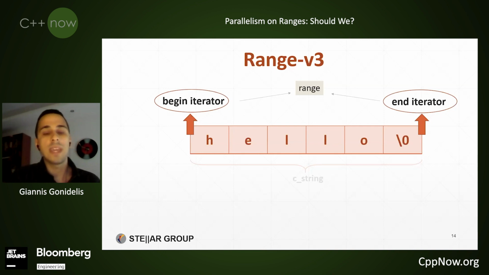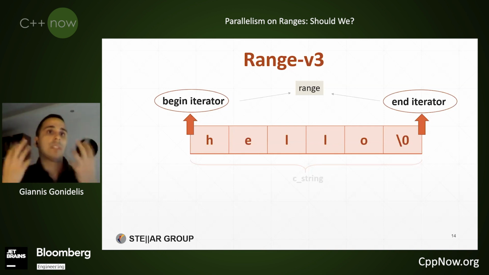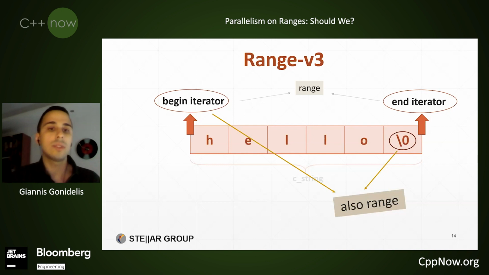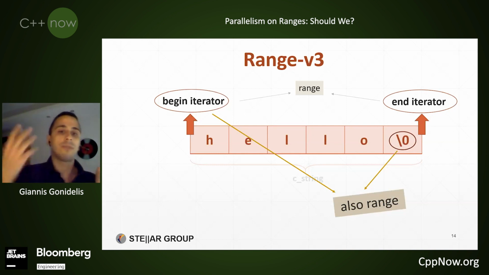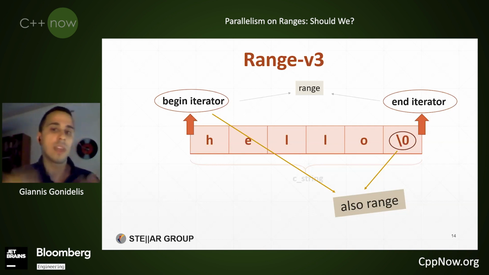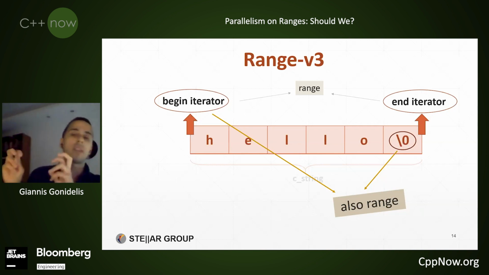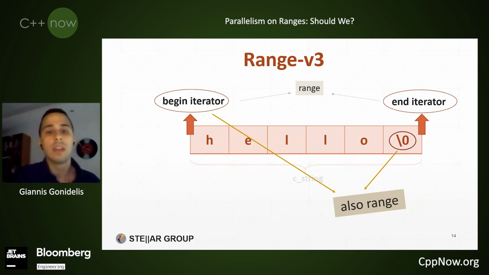Now, with the begin and end iterator, as I previously explained, which are of the same type, you can have your range. But now range v3 lets the user denote their data structure with just a value. And this is a C string, and it's very intuitive, as you may see. So the begin iterator and until you find the null terminator would just work with range v3.